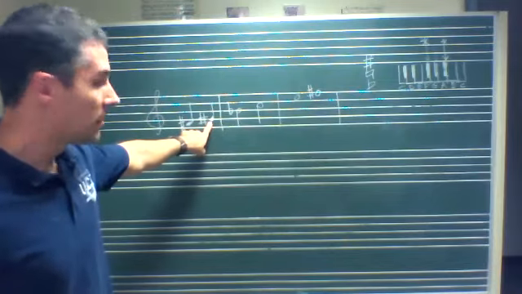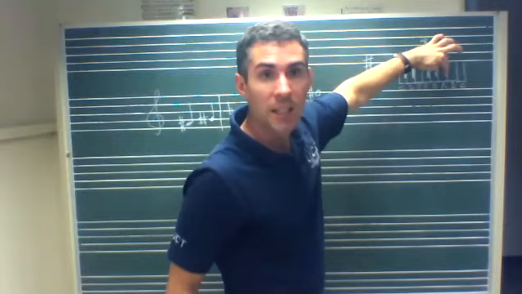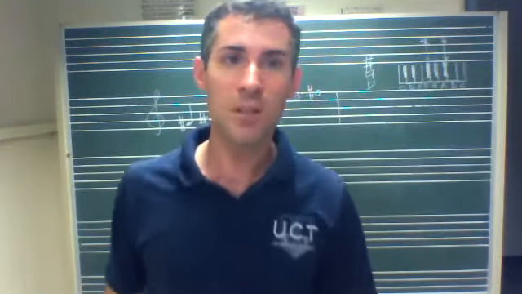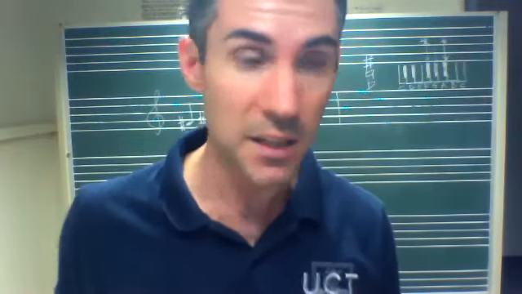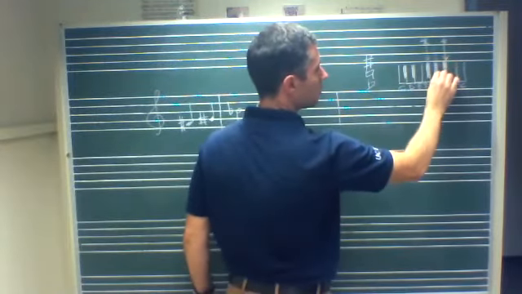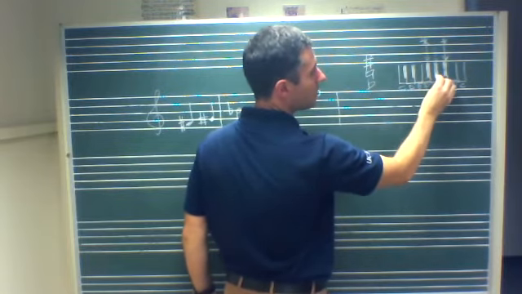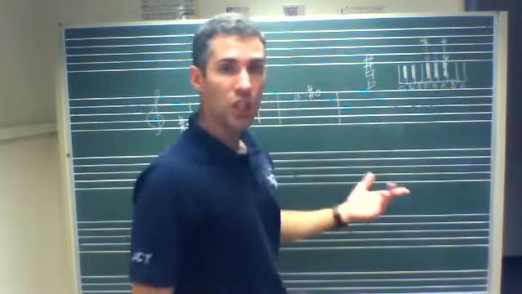Note here, G sharp. That note over there. G sharp is also A flat, isn't it? If we look at this note from the G side, this black note is G sharp.